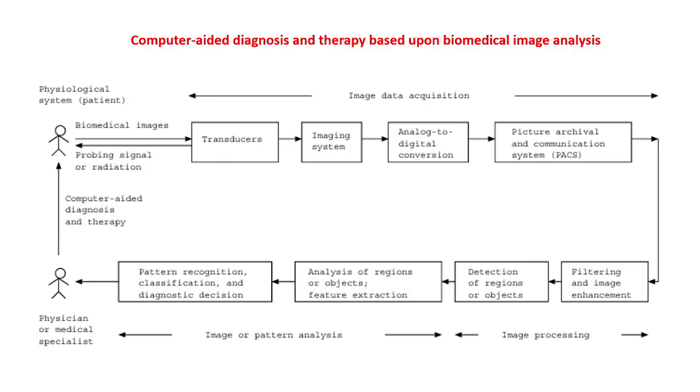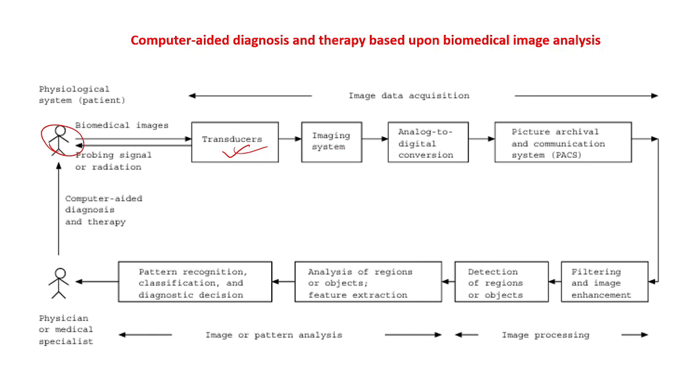Now we can see computer-aided diagnosis and therapy based on biomedical image analysis. We can see the patient here. This is the patient's biomedical image processing, probing with signal or radiation. So we can capture a medical image, meaning internal organ visualization. We use a transducer to capture this image.